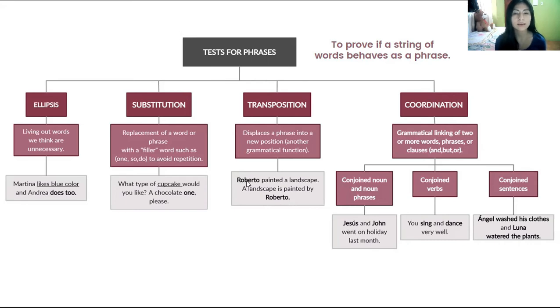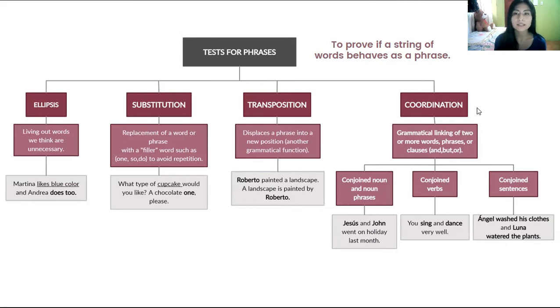As you can see, we have here Roberto, that is the subject in the first sentence, but in the second one, we change its function, because in the first one, Roberto is the subject, and in the second one, acts as an object.